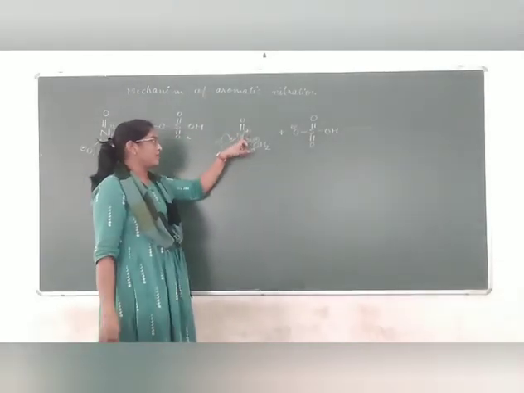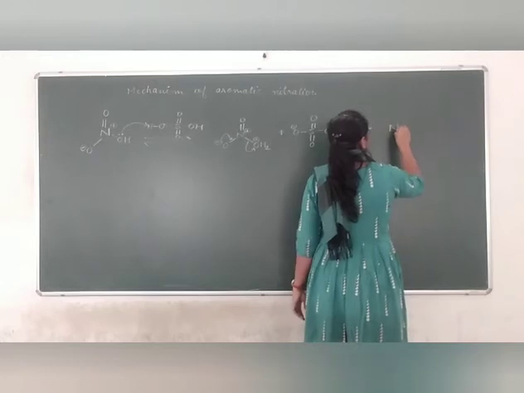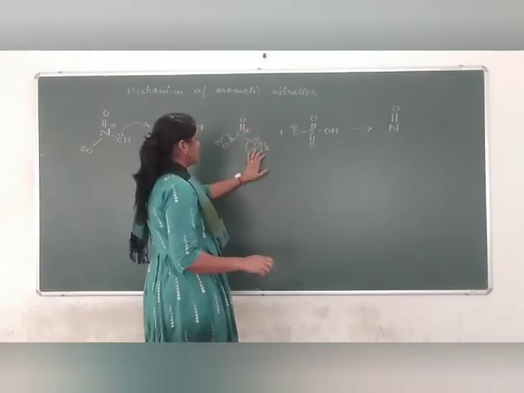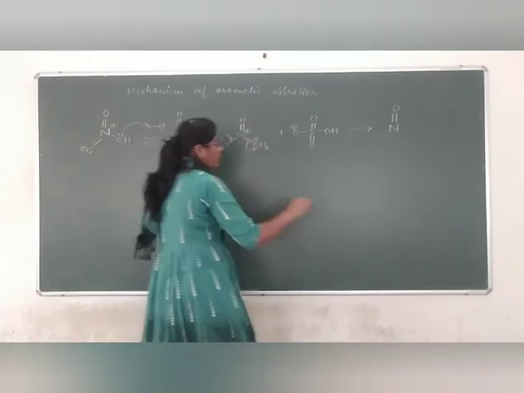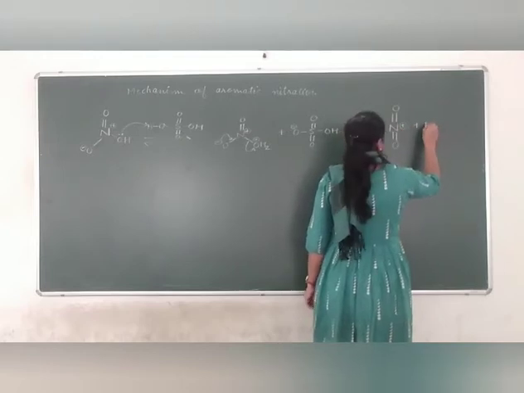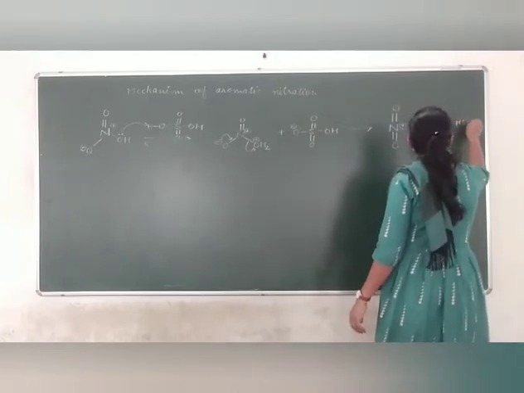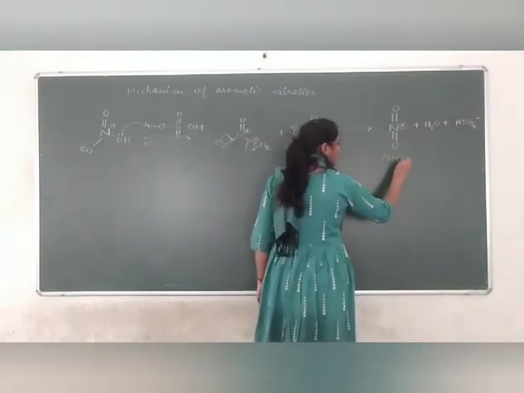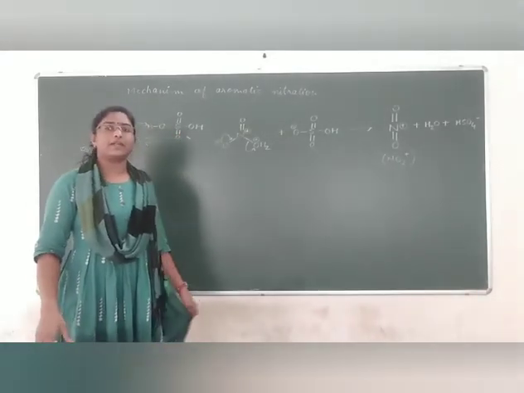So by this way, this H2O molecule is eliminated from the structure, and here N plus double bond O, double bond O, plus H2O plus HSO4 minus. So this is the formation of NO2 plus, nitronium ion, which will participate in the nitration.